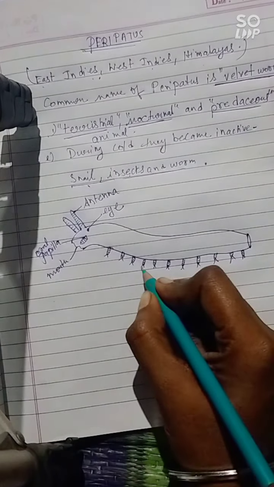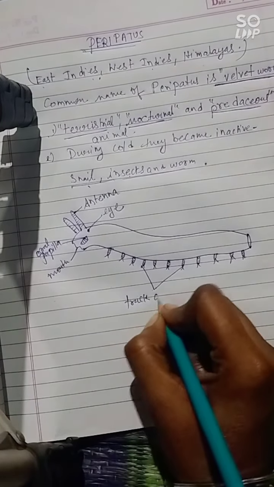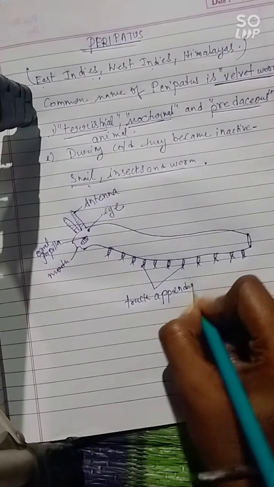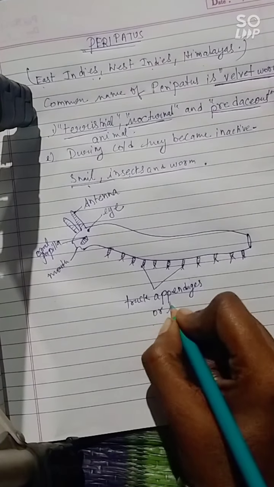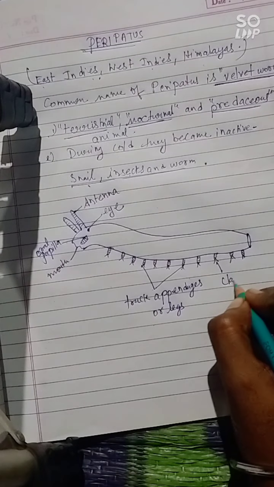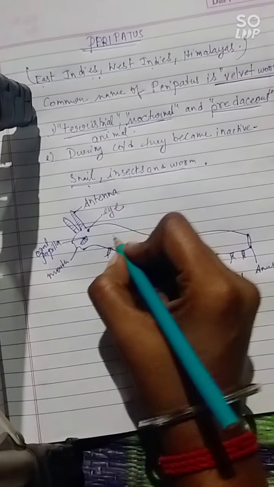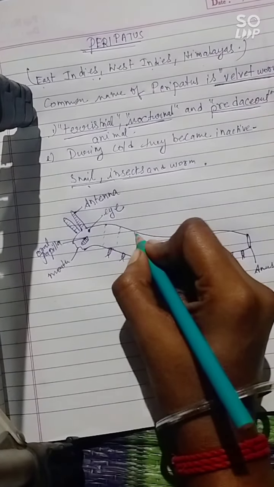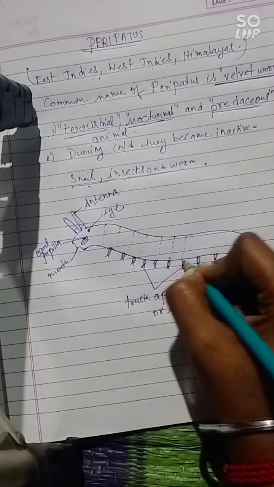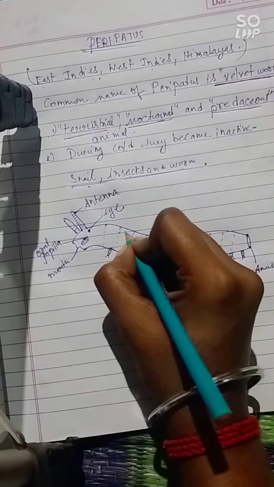These are some trunk appendages, or legs. These are claws, and this is the anus. Their body looks like this. They are very attractive in look and their body is very soft.